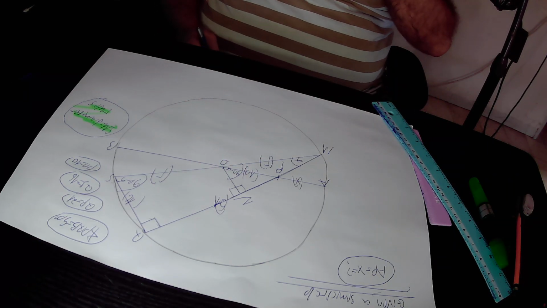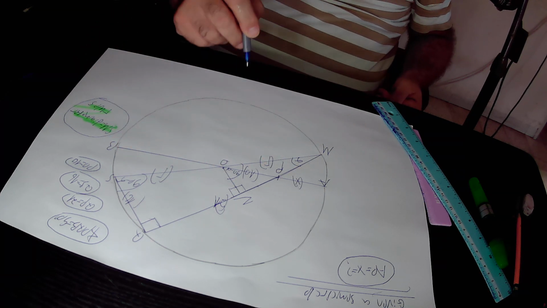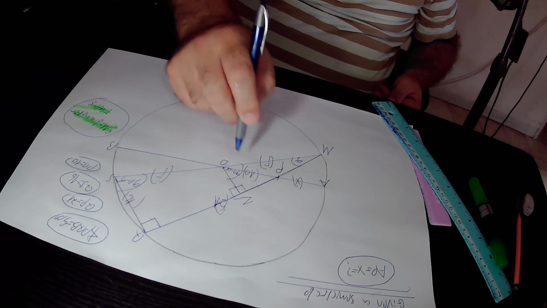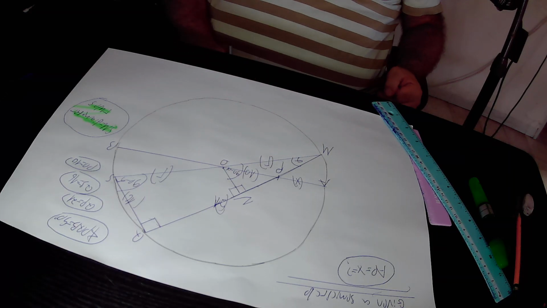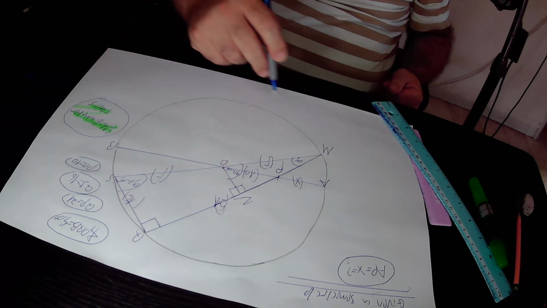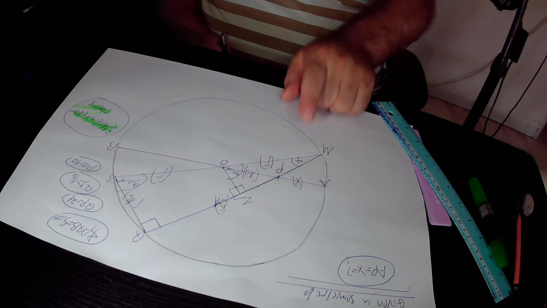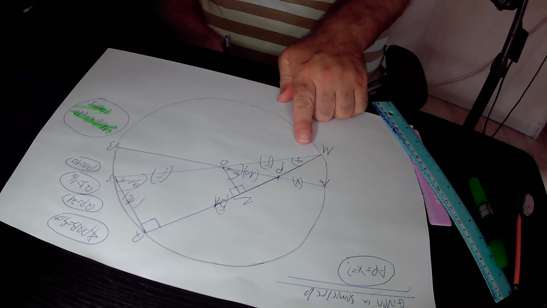Actually, it is very easy to say that the big right triangle SQM is similar to the small right triangle ONM according to the angle similarity rule. So I'll explain anyway why the big triangle SQM is similar to the small right triangle ONM. First of all, this is angle alpha, that is a common angle that belongs to both triangles.